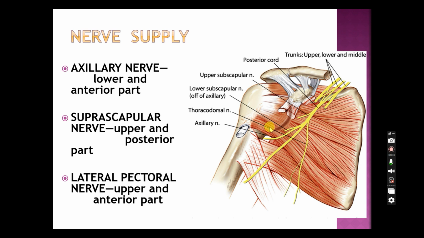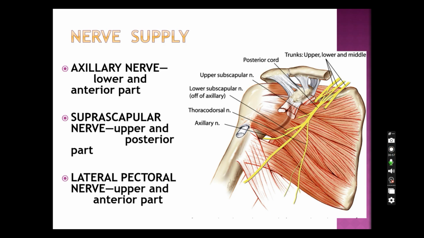Nerve supply, it is also supplied by three nerves. The axillary nerve, which is winding around the surgical neck of the humerus, supplies the lower and anterior part. Suprascapular nerve supplies the upper and posterior part. Suprascapular nerve passes through the suprascapular notch and then passes through the glenohumeral notch.